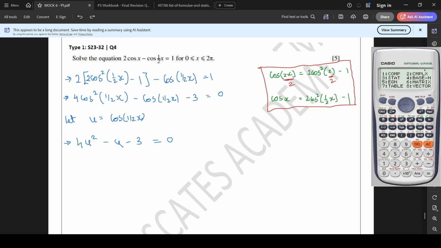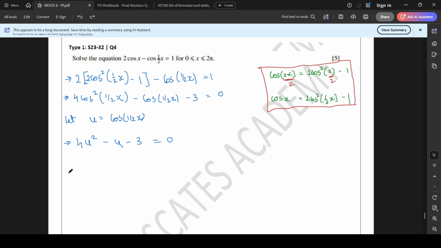I'll go to mode 5 3, 4, minus 1 and minus 3. The values of u that I'm going to get are 1 and minus 3 by 4. And from here I can make factors: u minus 1 and 4u plus 3 is equal to 0.